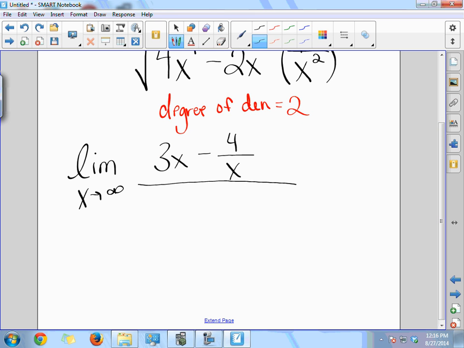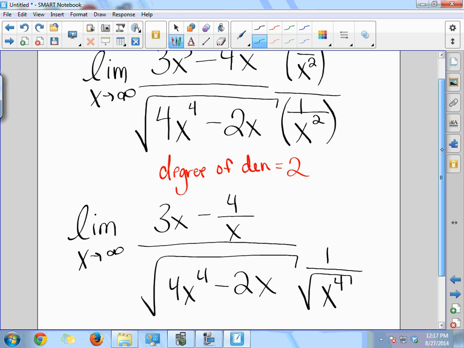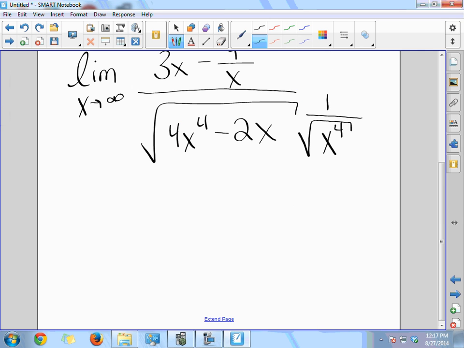And then in order to distribute into the bottom, I'm going to rewrite this as 1 over the square root of x to the fourth, because that's equivalent to 1 over x squared. And so now that I have a root in there, I can distribute it in to my roots, and let's see what I end up with.